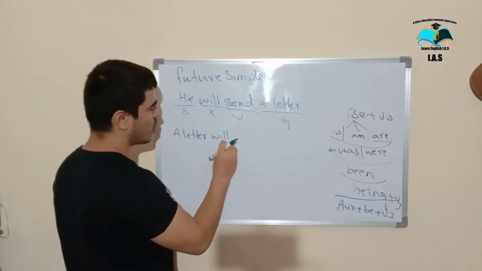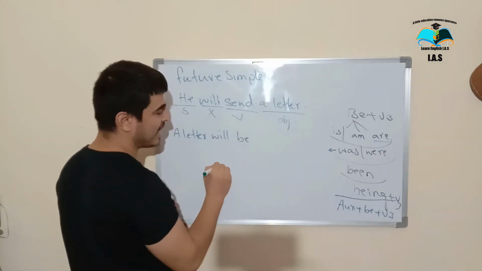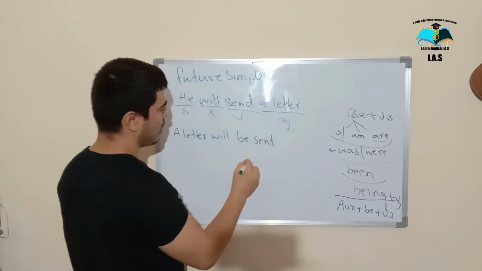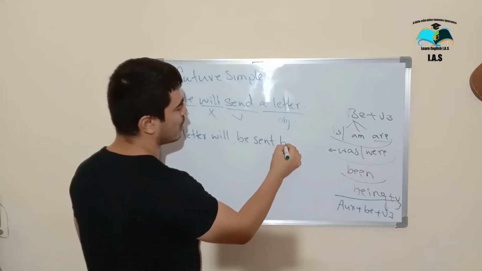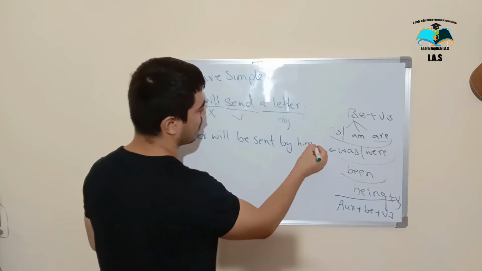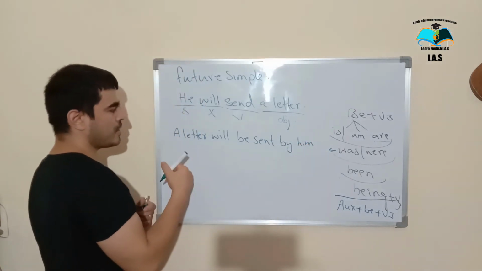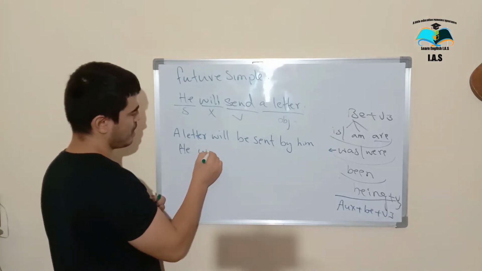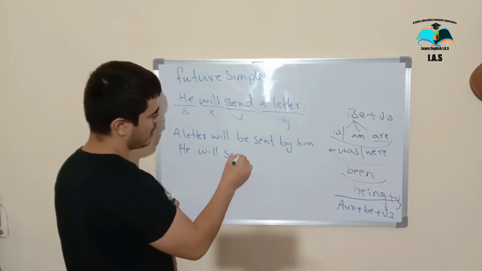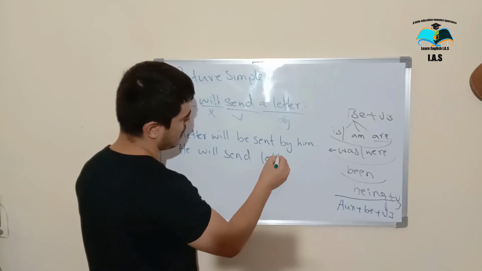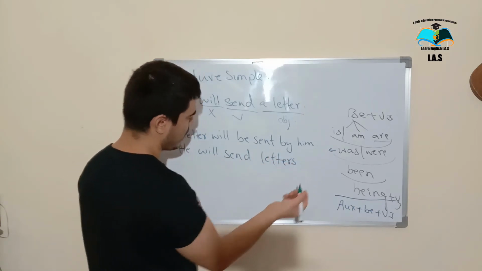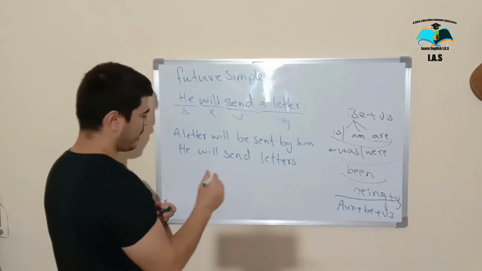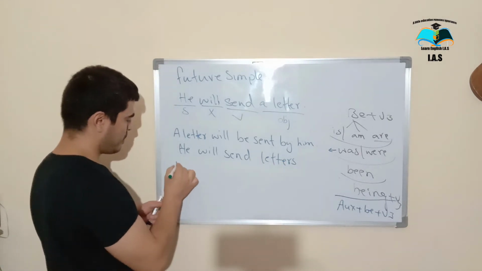A letter will be, then we're using verb 3, sent. Okay, by who? By him. Now let's change the plural one. He will send letters. In this example, we have letters. Okay, here. Now, letters comes first.